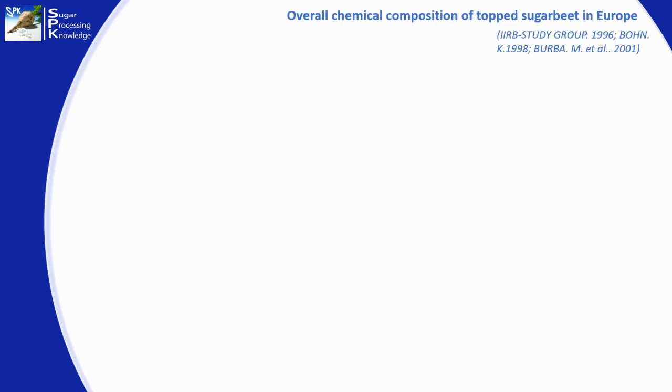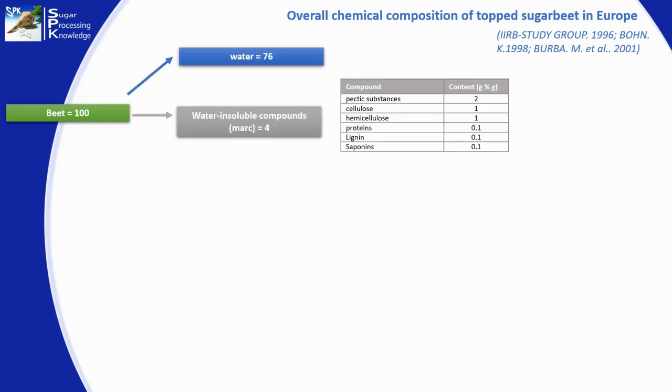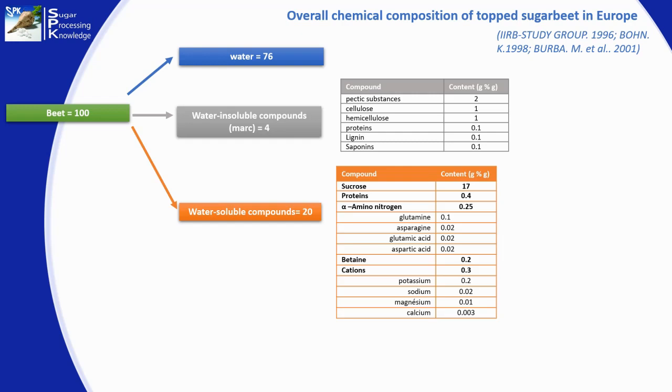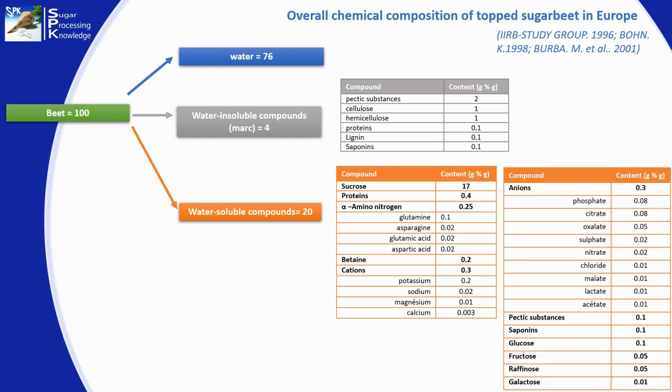Concerning the chemical composition of beet. Beetroot consists of 76% water, 4% insoluble compounds, and 20% soluble compounds. In these soluble compounds, we find sugar at around 17%, proteins at 0.4%, alpha-amino nitrogen at 0.25%, betaine at 0.2%, all the cations and anions at 0.3%, pectic substances, saponins and glucose at 0.1%, fructose, raffinose at 0.05% and galactose at 0.01%.